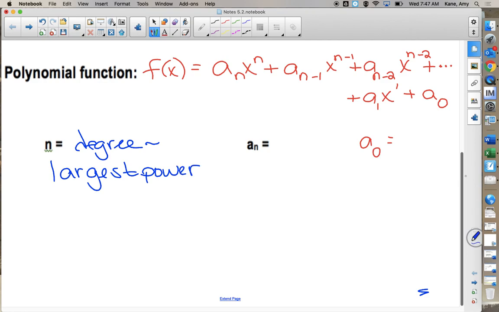So whatever the largest power is called the degree. So I don't just say, oh, what's the largest power? We have a fancy name for it. It's called the degree of the polynomial. So if it's a 5, then the degree is a 5. So whatever the largest power is. A sub n is called the leading coefficient. So we have all these fancy names.